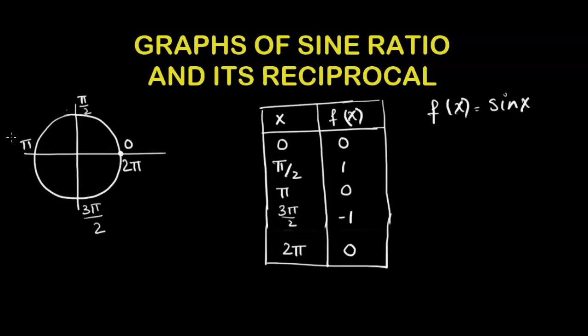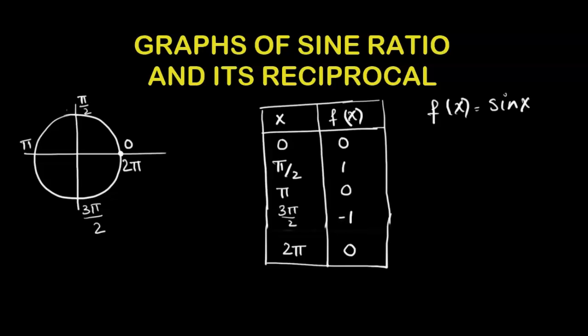Here x is -1, y is 0 again. Therefore sine pi is 0. Here x is 0, y is -1. Therefore sine 3 pi by 2 is -1. And when x is 2 pi, when we come back to this point, x is 1 and y is 0 again. So these are the points that we would be using to make the graph of the sine function.